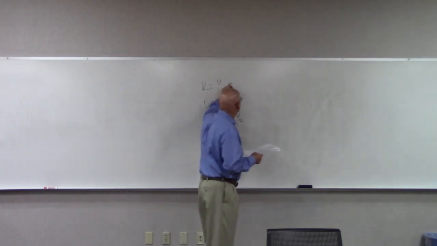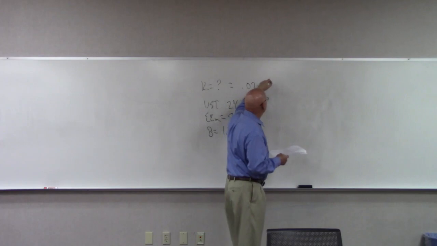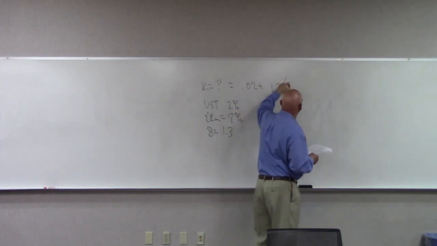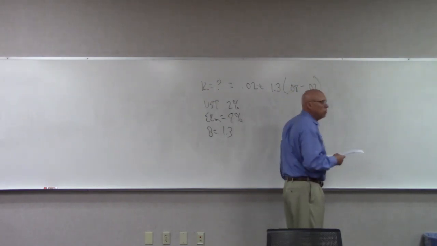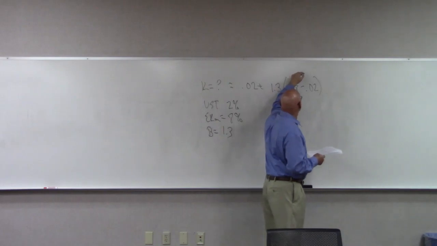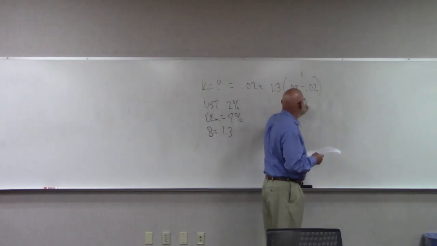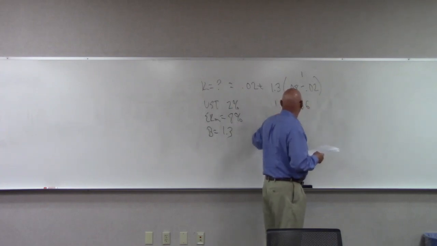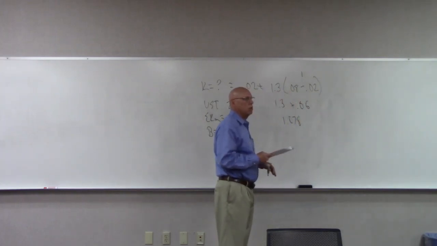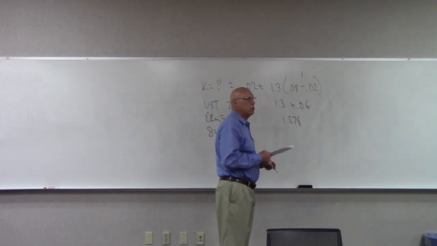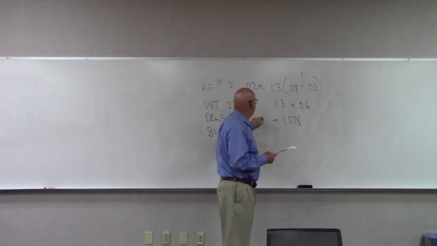So K is equal to 0.02 plus 1.3 times 0.08 minus 0.02. So first we do this, 0.06 times 1.3 is, what's that, 0.078? Is that what that is? 1.3 times 0.06? 0.078. Yeah, plus 0.02.